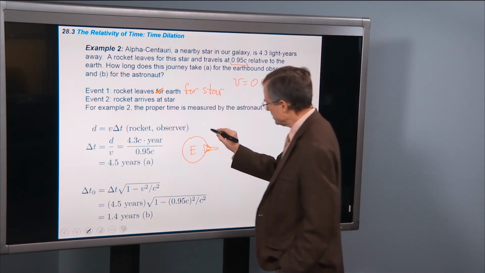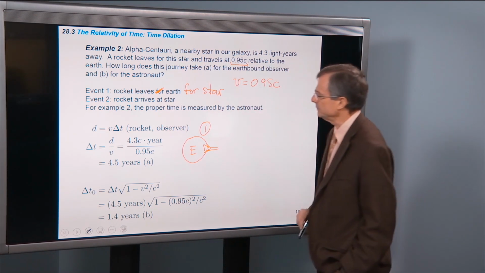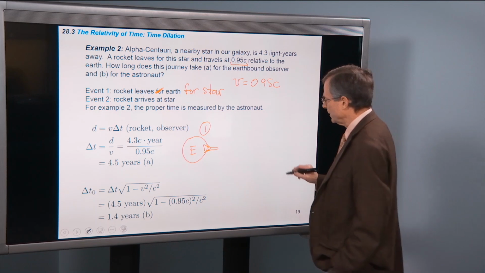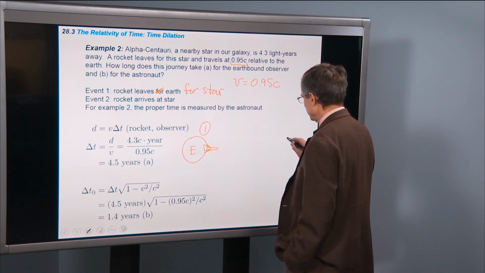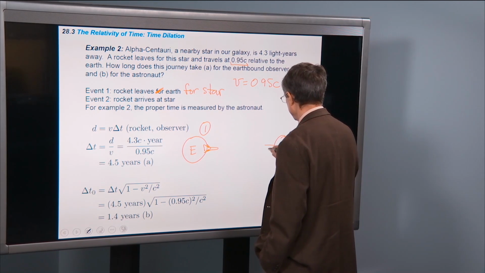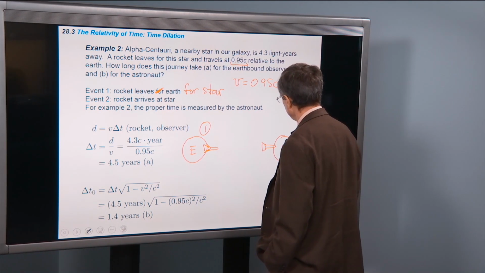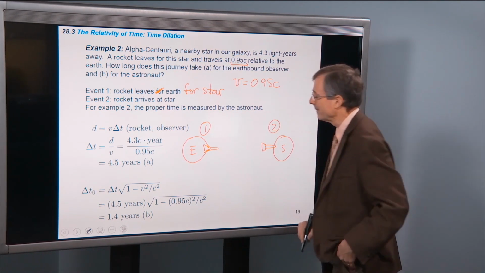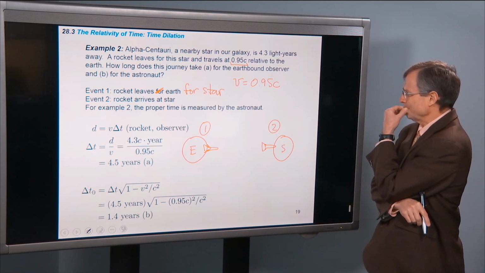Okay? So this is event 1. Event 2 is when the rocket arrives at the star. Here's the star. Here's the rocket arriving. That's event 2. All right?